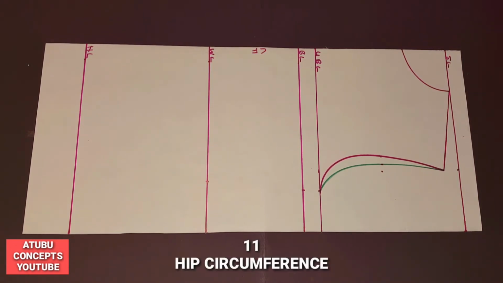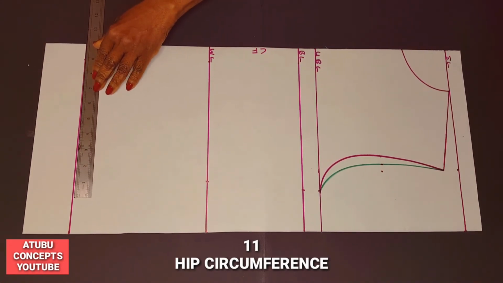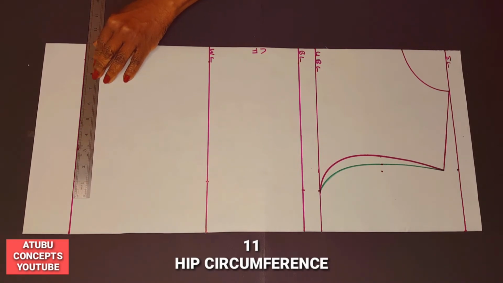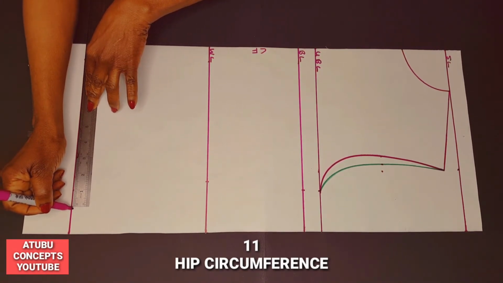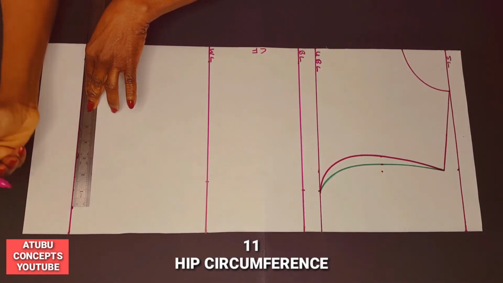Number 11. My hip circumference is 40. When I divide 40 by 4, I'll have 10. And here's the 10. I'm going to go ahead and add half an inch for ease allowance. It will be 10.5. Mark 10.5 there.